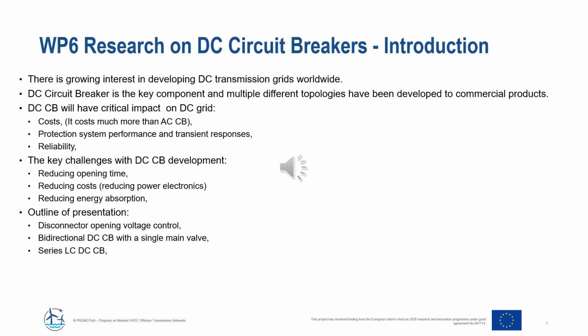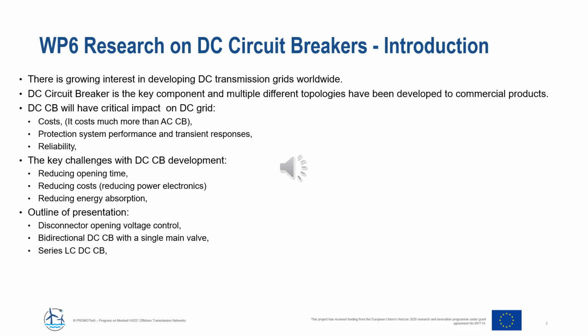DC circuit breaker is one of the key components in the DC transmission grids. They will have a significant impact on the DC grids in terms of cost, protection system performance, transient response, and DC grid reliability.